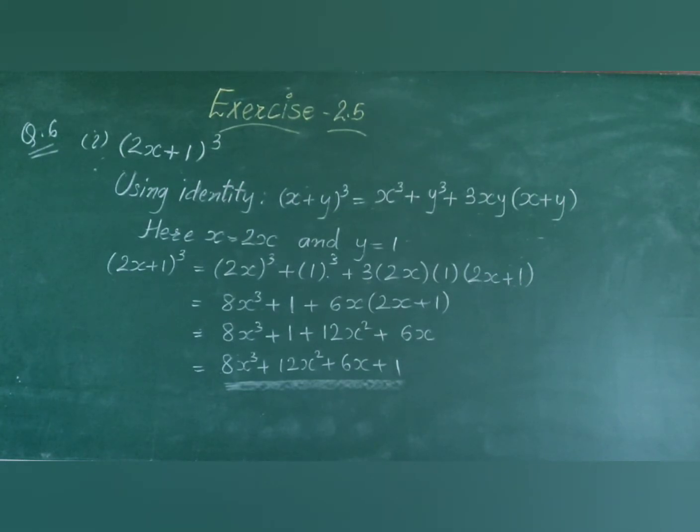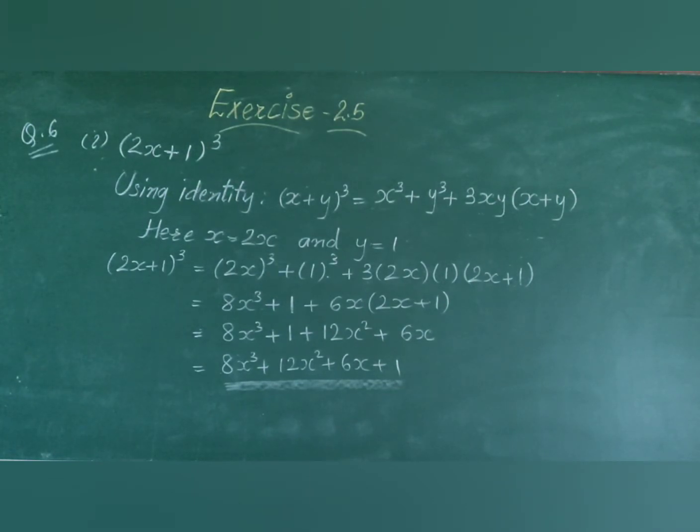First we compare the given values with our algebraic identity. So we can see that here the x value is 2x and the y value is 1. So we write x = 2x and y = 1. Now we insert the values in the identity, that is (2x + 1) whole cube = (2x) whole cube + 1 cube + 3 into 2x into 1 into (2x + 1).